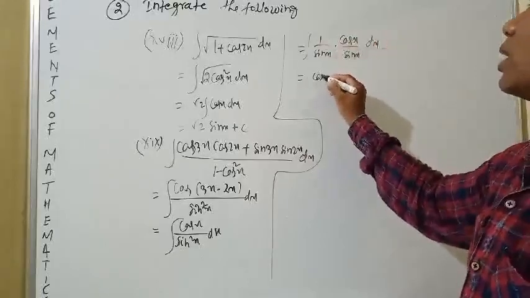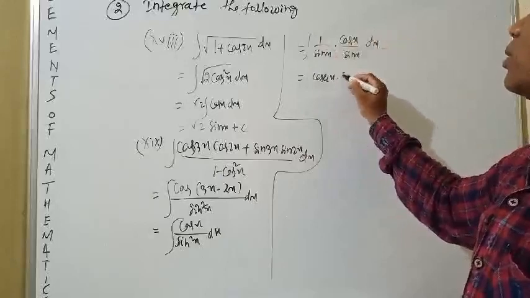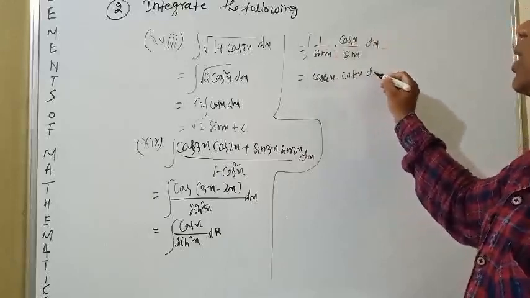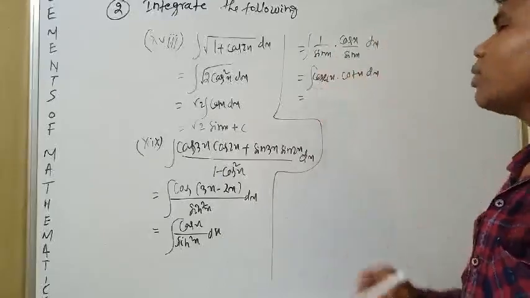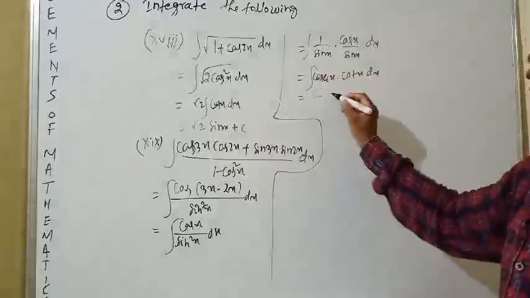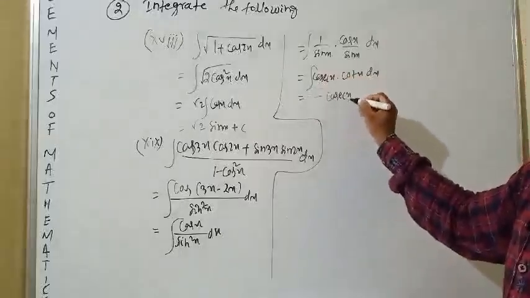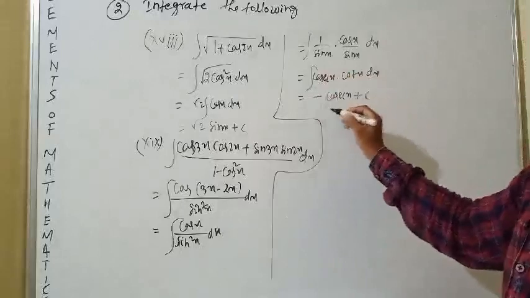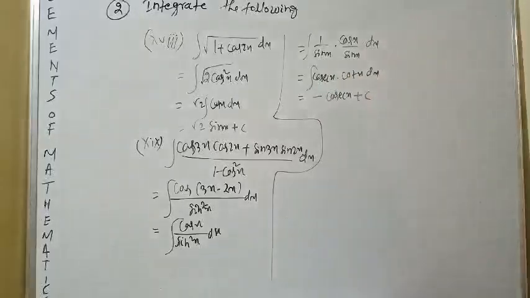This is cosec x into cot x dx. You know the formula, integration of cosec x into cot x is equal to minus cosec x plus c. Pause the video, note it down.